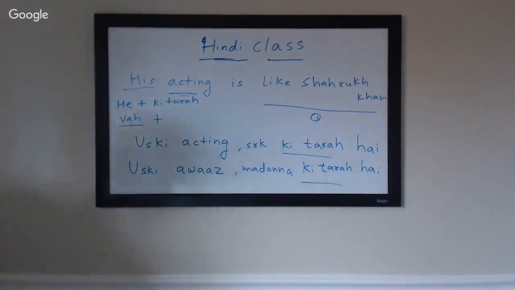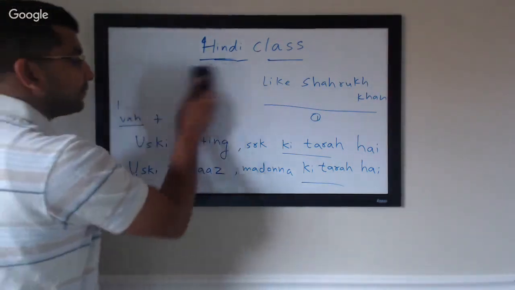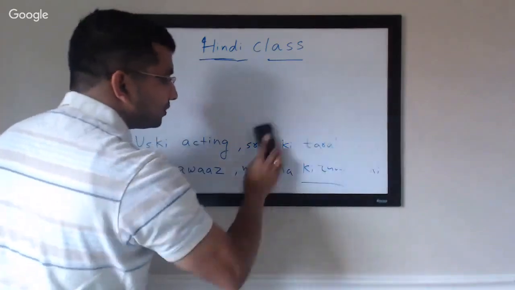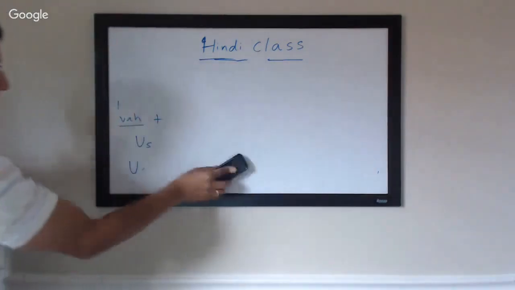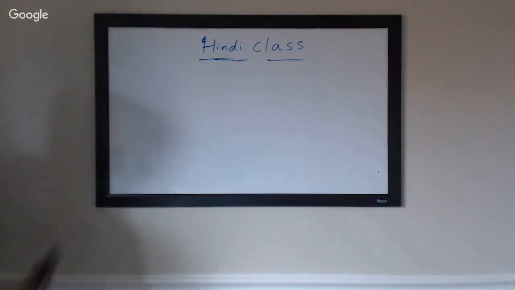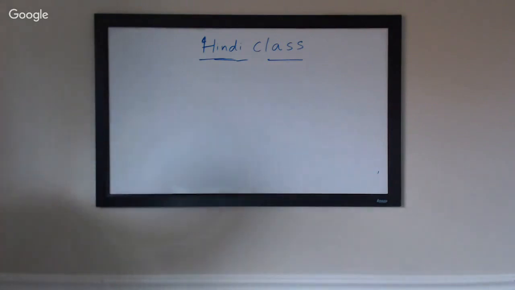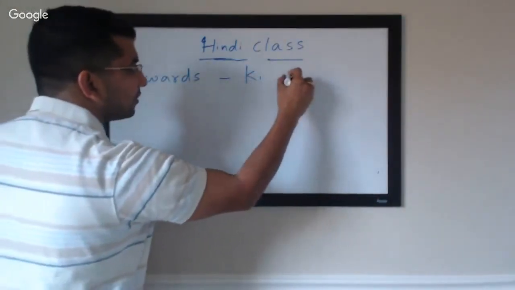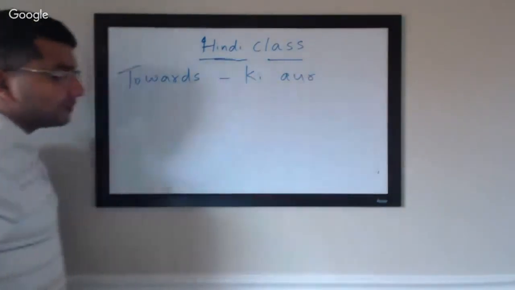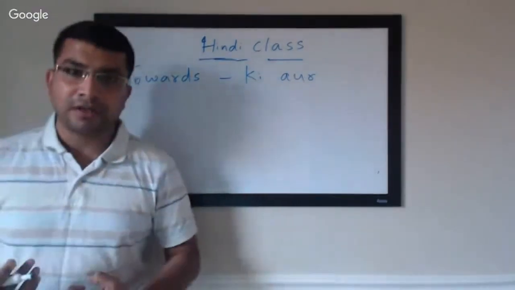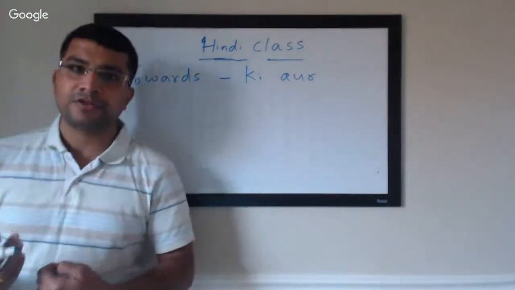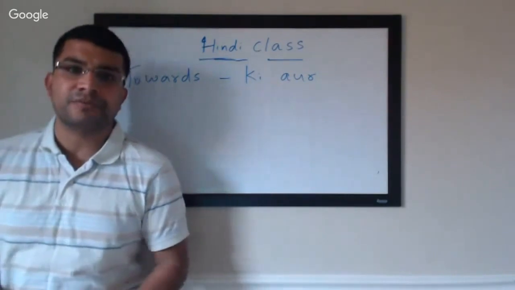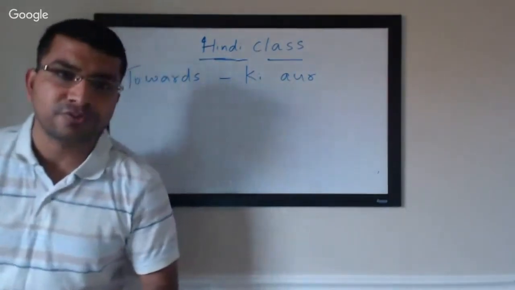Okay. Let's jump to the next one. The next compound postposition is towards, की ओर. So imagine that you're walking towards me. The simple sentence in English would be he or she is walking towards me.